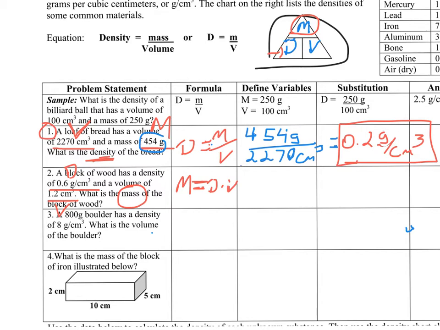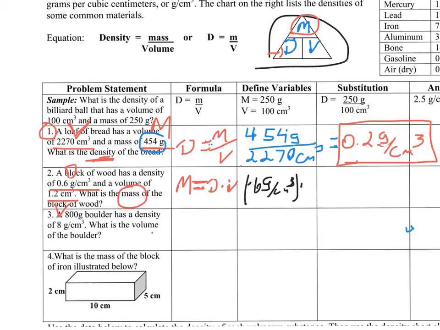So now, density is the 0.6 grams per centimeters cubed. Okay, and then times your volume, which is 1.2. We can also do times in parentheses.